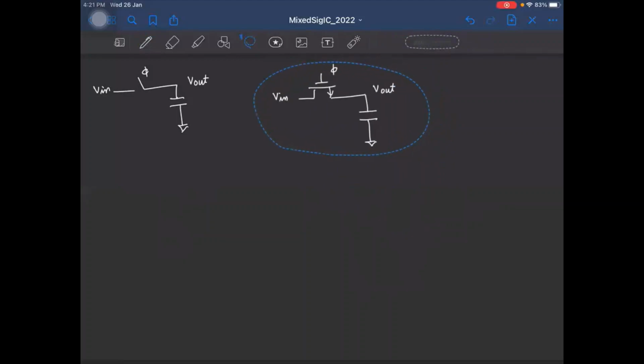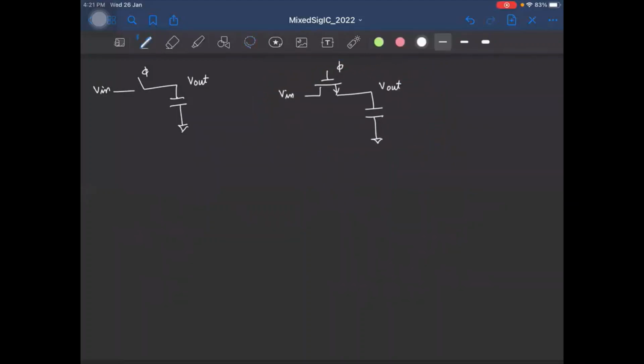And historically speaking also, MOSFETs were invented to act as a good switch, right? So to make sure that the switch is off, that is to make sure that the MOSFET is off, we need to make sure that it operates in the cutoff region, right?